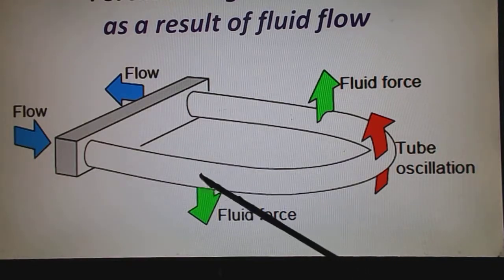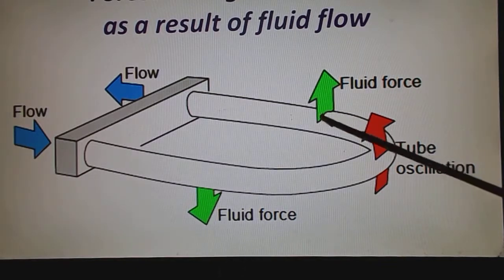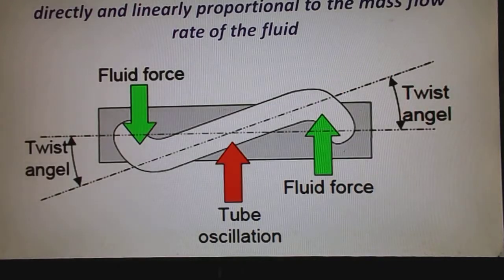So you can see that here force is downward, here force is upward, because of which a twisting action is taking place. Because of this twisting action, we get a twist angle.